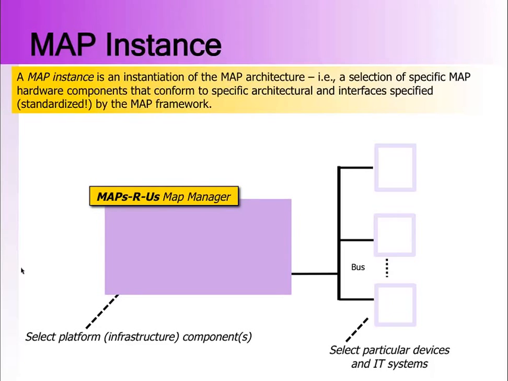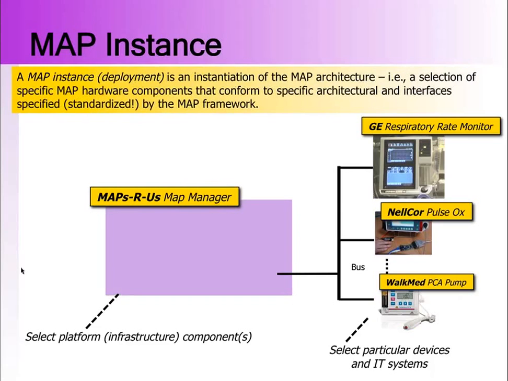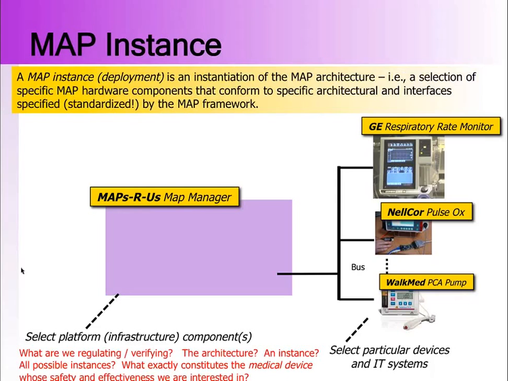The idea is you want to allow somebody to say, okay, I've developed an implementation of the platform that corresponds to the standard. And then someone else can say, well, we've developed these devices that conform to the device component of the standard. Together, these form a particular instance of the system once I put my application on there.